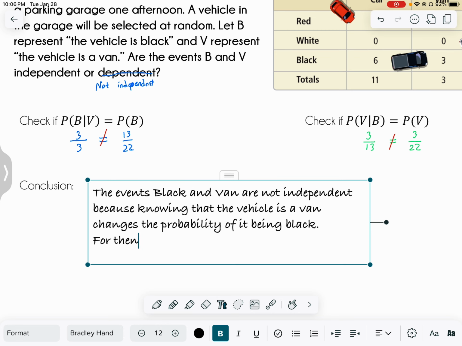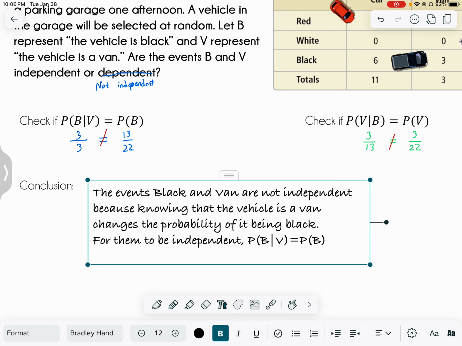For them to be independent, the probability of black given van has to be equal to the probability of black.